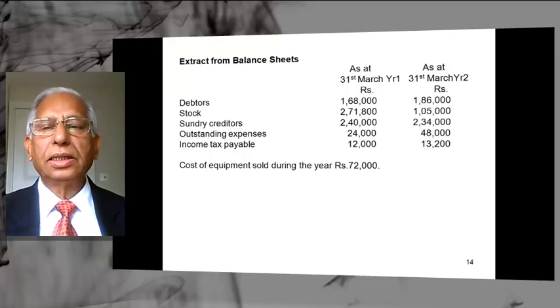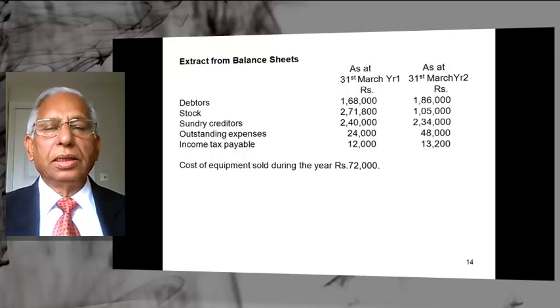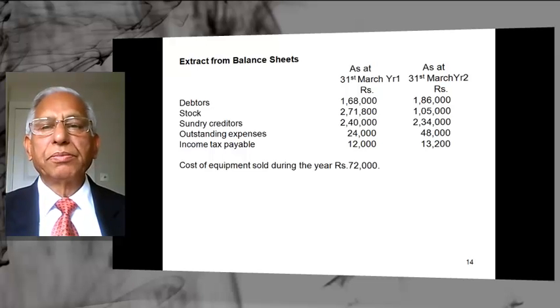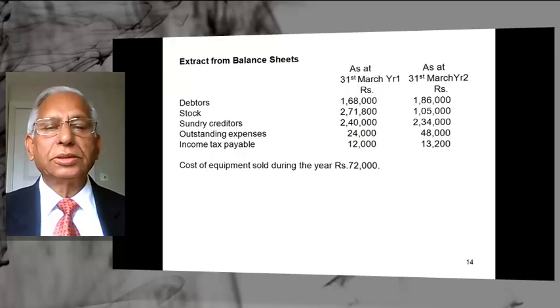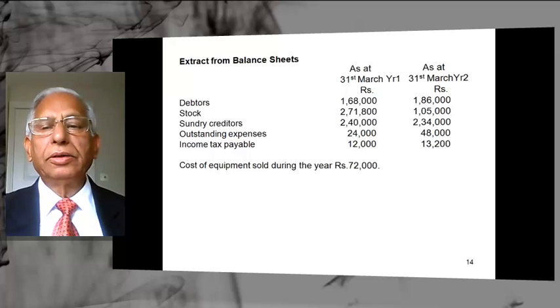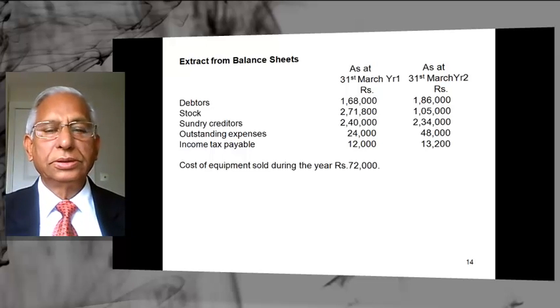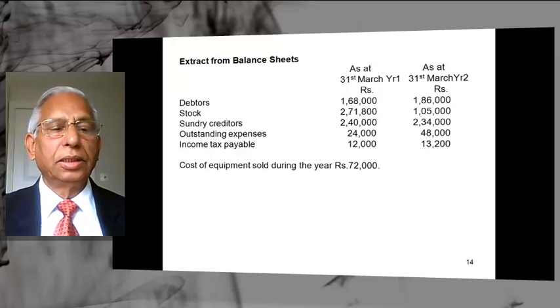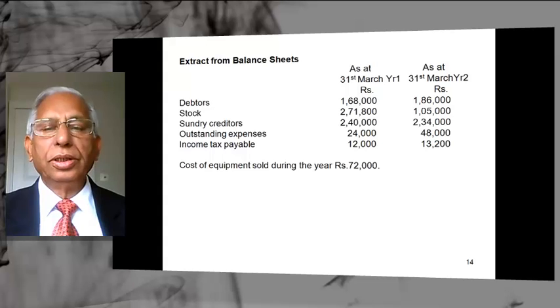All these items are yearly based. Then outstanding expenses at the end of year 1 and then at the end of year 2, and then income tax payable at the end of year 1 and at the end of year 2. Now he has further told you, you can say that this is an extra item given to you, extra information. Cost of equipment sold during the year rupees 72,000.